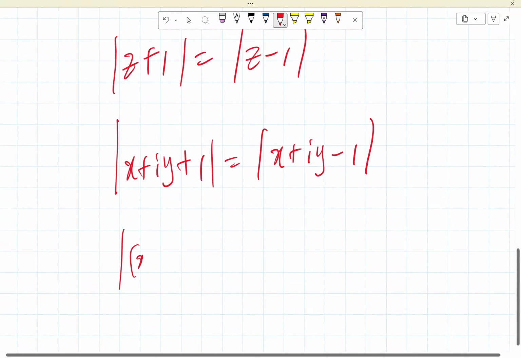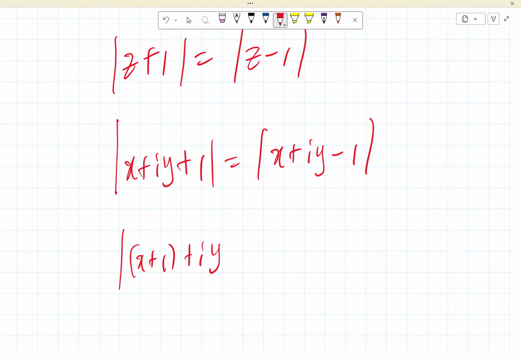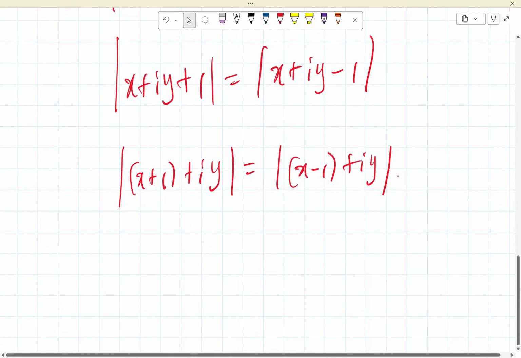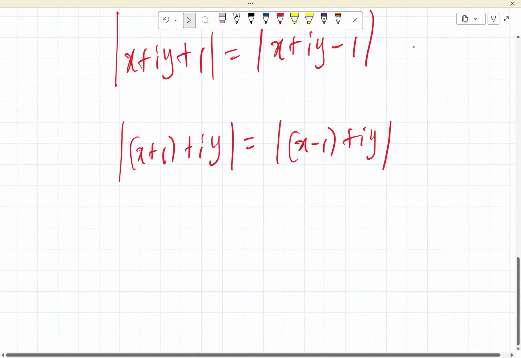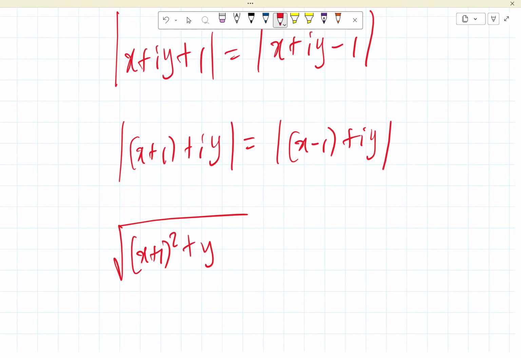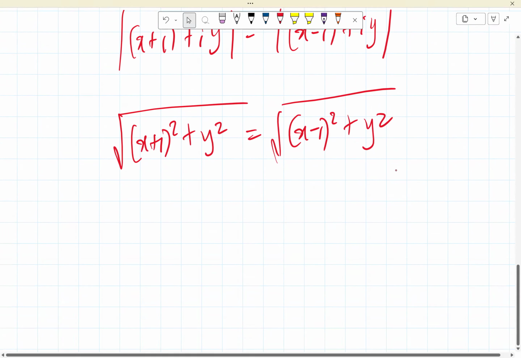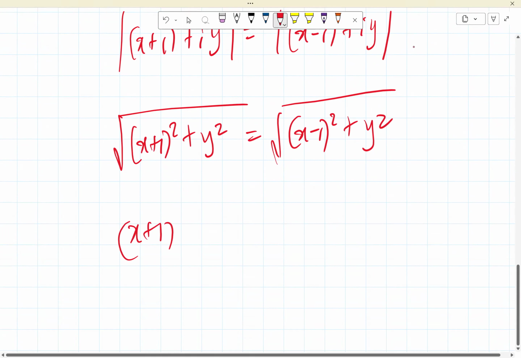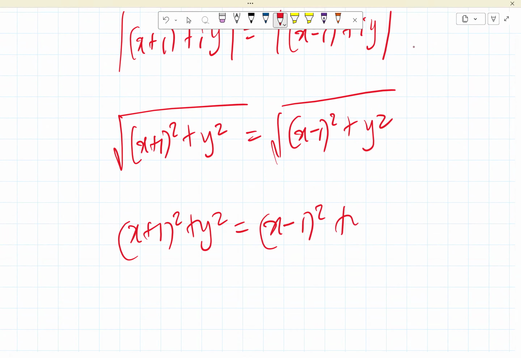So that means you have the modulus of x plus 1 plus iy, then the modulus of x minus 1 plus iy, like that. So we can take the magnitude. So that's square root of x plus 1 squared plus y squared equals square root of x minus 1 squared plus y squared. So if you square both sides, you get x plus 1 squared plus y squared equals x minus 1 squared plus y squared.